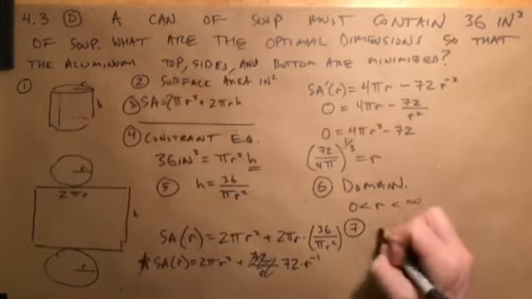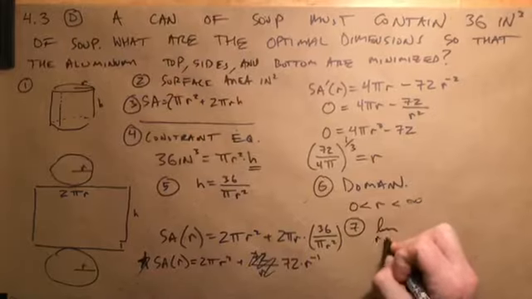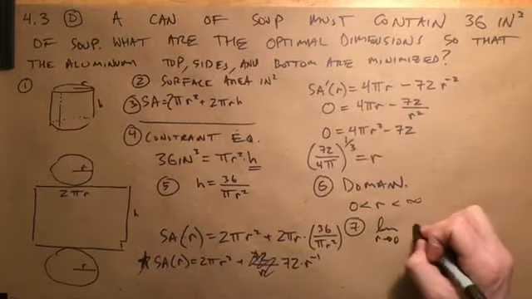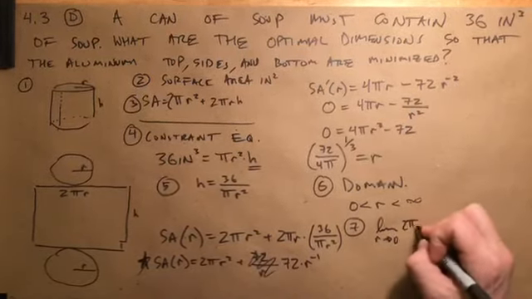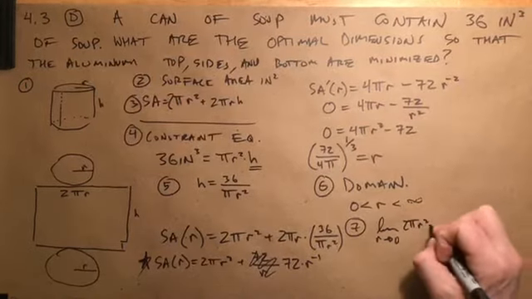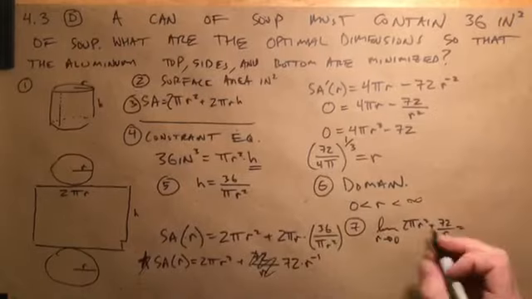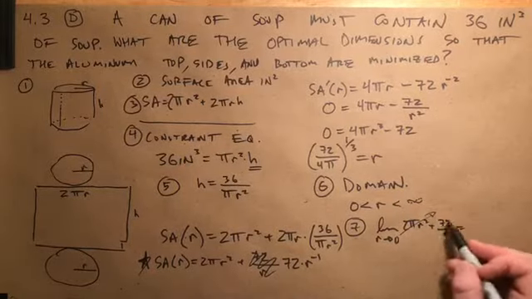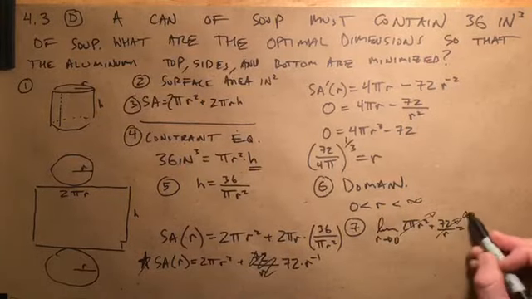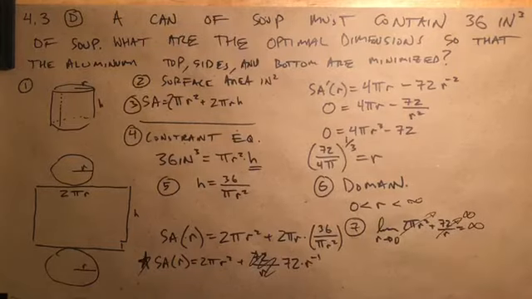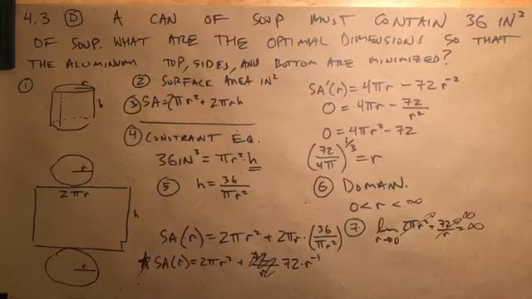So let's take a limit as r goes to 0 of 2 pi r squared plus 72 over r. And sure, that piece is going to go to 0, but this piece is going to go to infinity. And now we have an infinite surface area, and that is not minimizing anything now, is it?